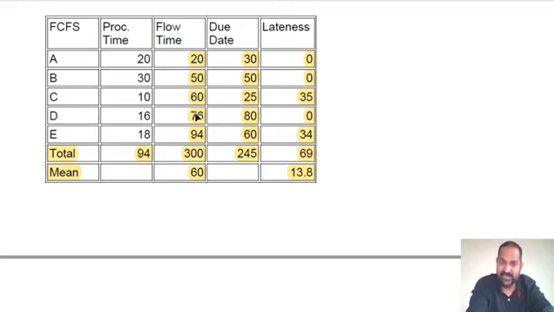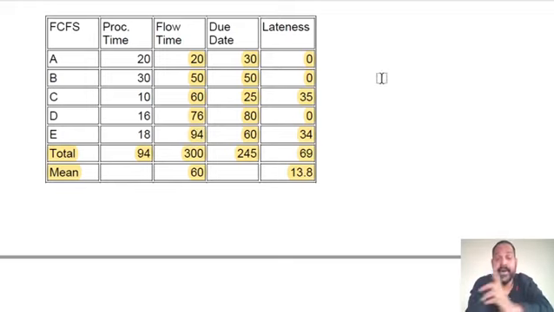At 76, I pick up job E. 76 plus 18 is 94. And wasn't the total timing of the jobs also 94? So that tallies. Total time required was going to be 94. So on the 94th day, minute, hour, whatever it is, my job is done.